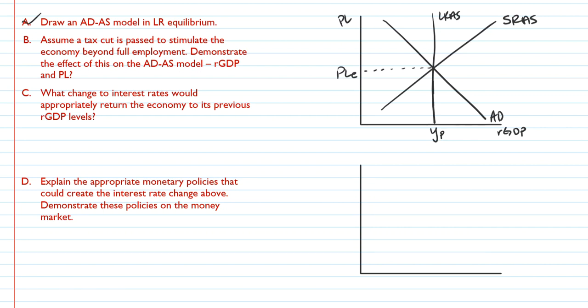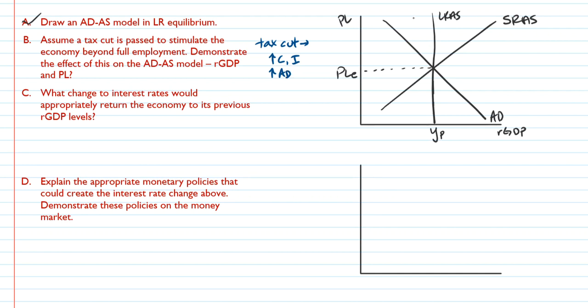In letter B, assume a tax cut is passed to stimulate the economy beyond full employment. Demonstrate the effect of this on the ADAS model and show those changes on real GDP and price level. So we can jump in and say that a tax cut will lead to an increase in consumer and investment spending, and therefore an increase in aggregate demand.